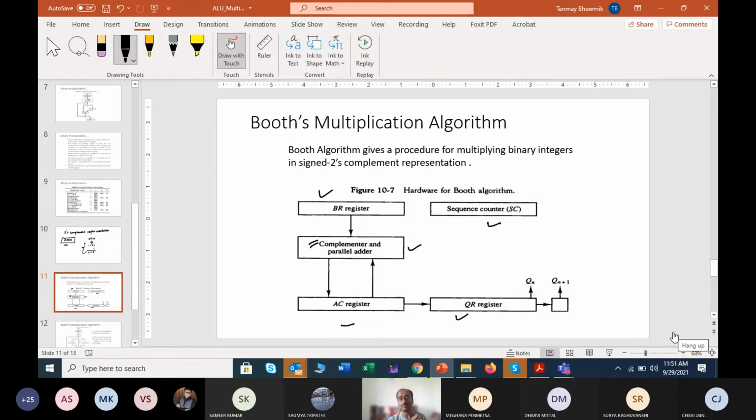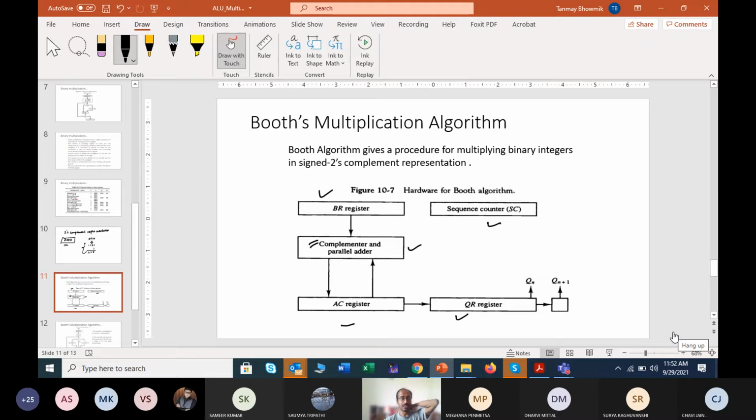But if you think about 2's complement addition, subtraction or 2's complement multiplication, you will see that in 2's complement there is no separate sign bit. The sign bit or magnitude bit, whatever you are considering, the -6 or -5, this whole number representation will be itself in the 4-bit or 5-bit number, right?